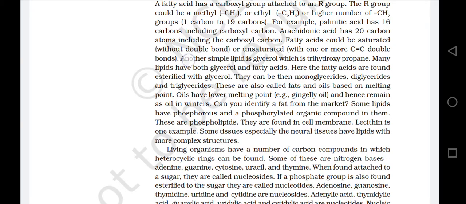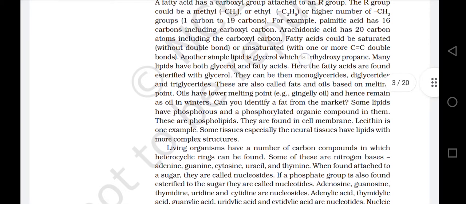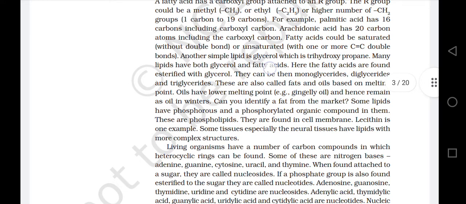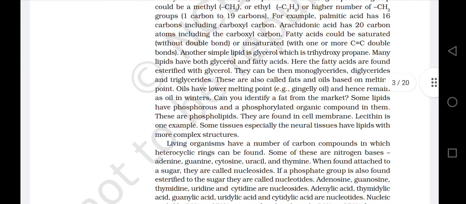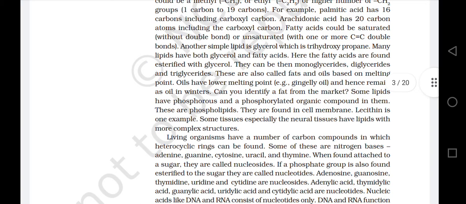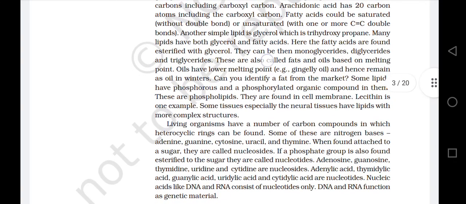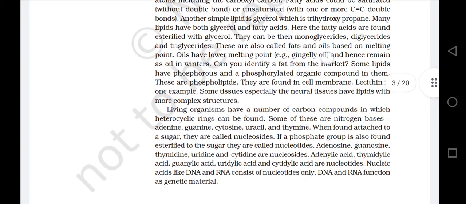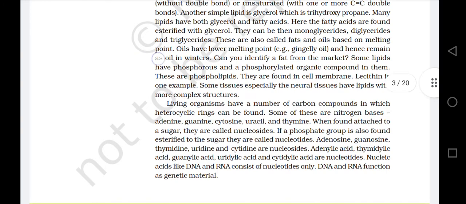Another simple lipid is glycerol, which is trihydroxypropane. Many lipids have both glycerol and fatty acids. Here, the fatty acids are found esterified with glycerol. They can be then monoglycerides, diglycerides, and triglycerides. These are also called fats and oils based on melting points. Oils have lower melting point, for example gingelly oil, and hence remain as oil in winters.